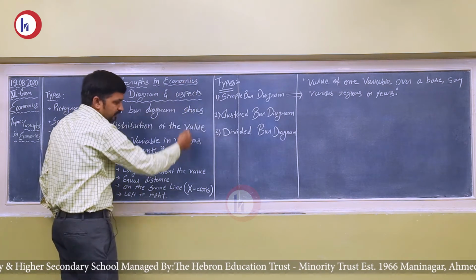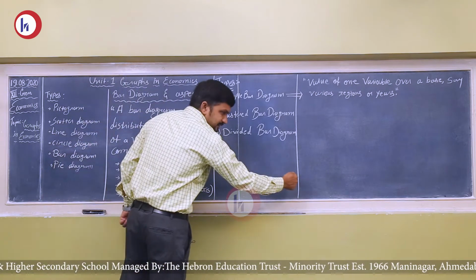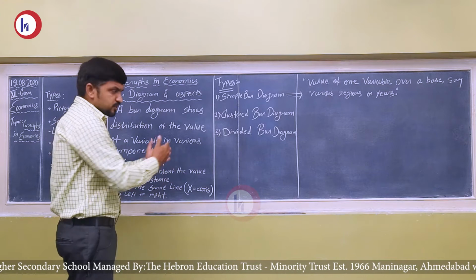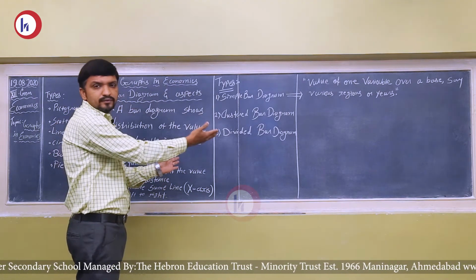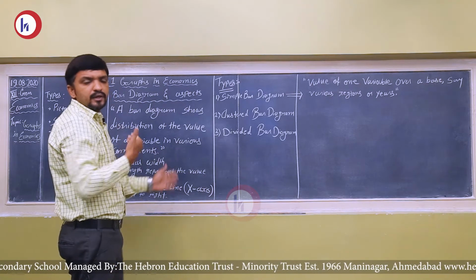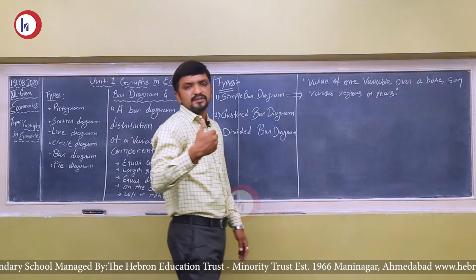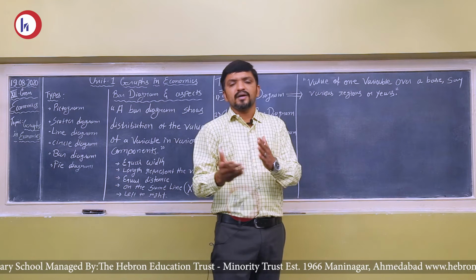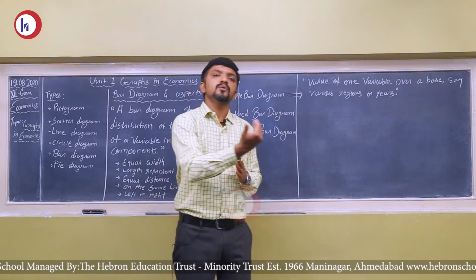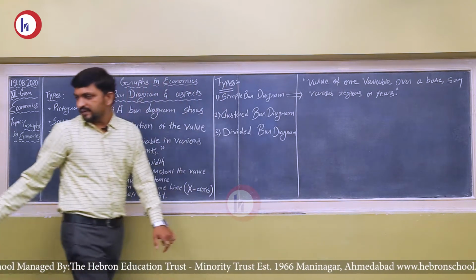If this is the y-axis and this one is the x-axis, then the bars must go from left to right. That is, it must start from the origin point. You cannot draw the bars from right to left. It must be from left to right. So, let us revise it.